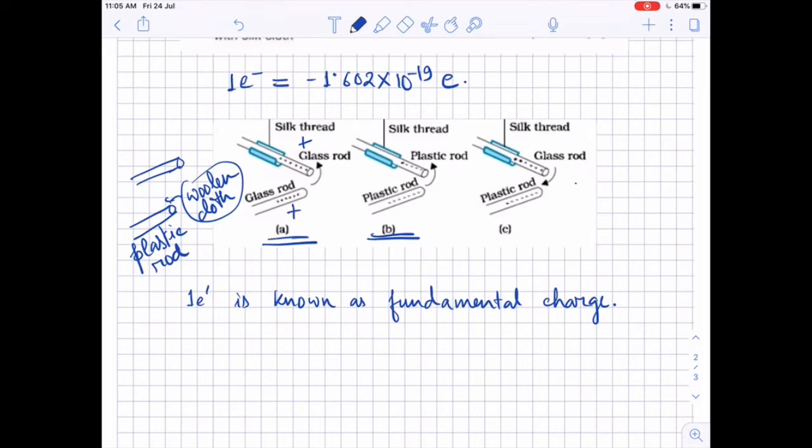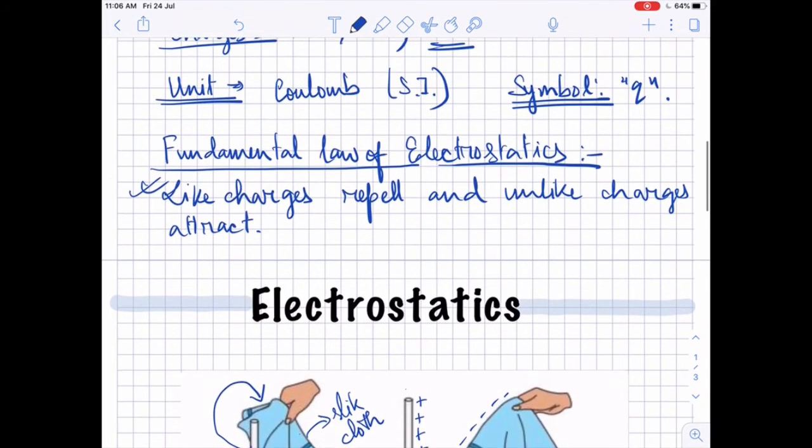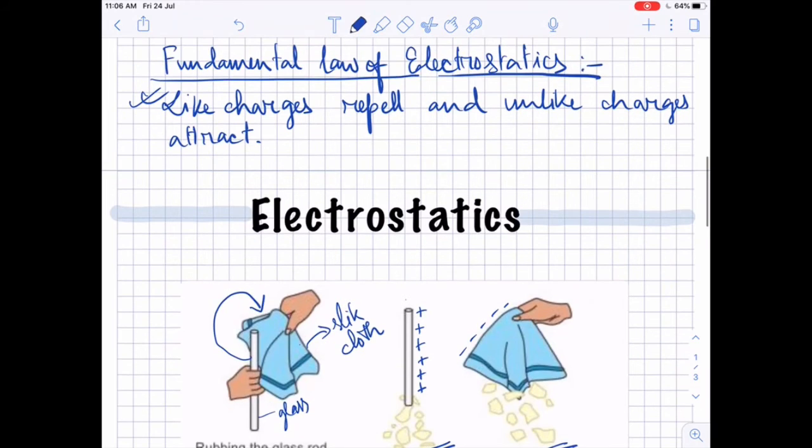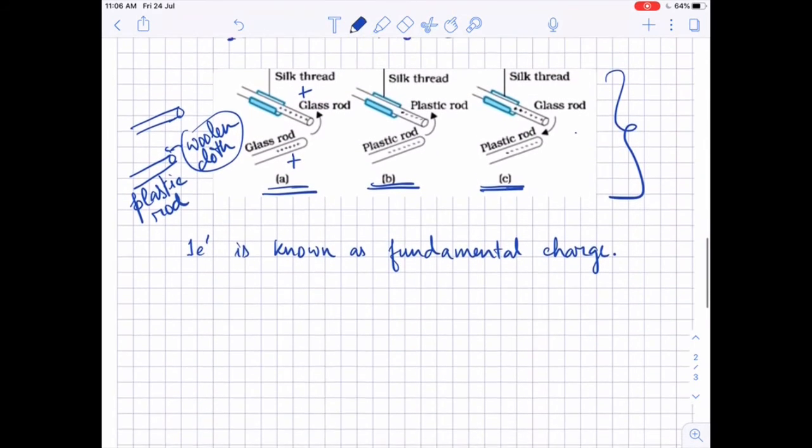Now if we take a positively charged glass rod and a negatively charged plastic rod, they are going to attract each other, because unlike charges attract. This is how we can experimentally prove the fundamental law of electrostatics, that like charges repel and unlike charges attract.